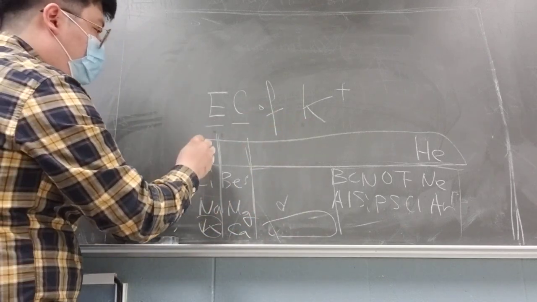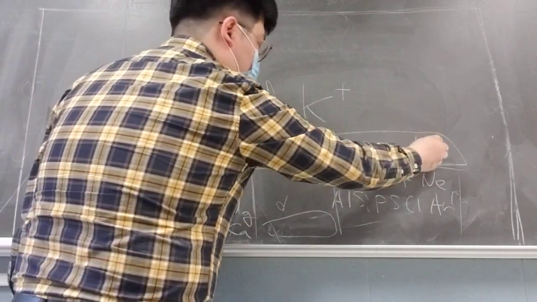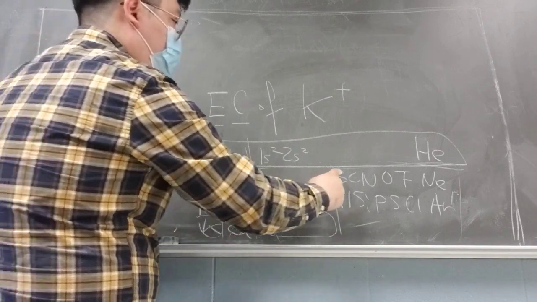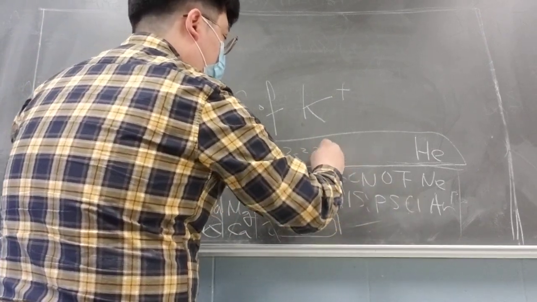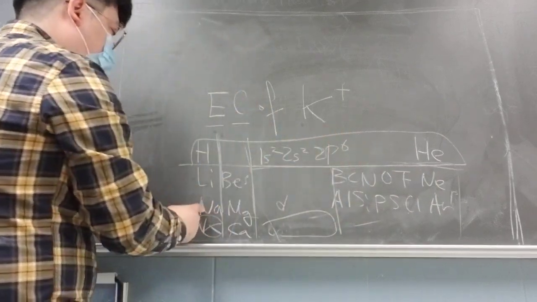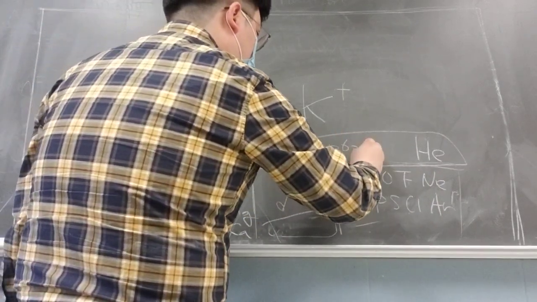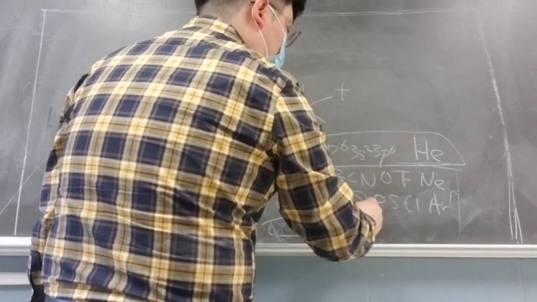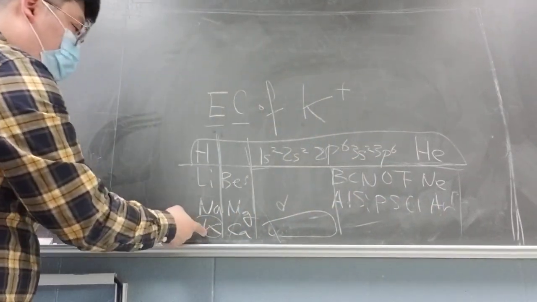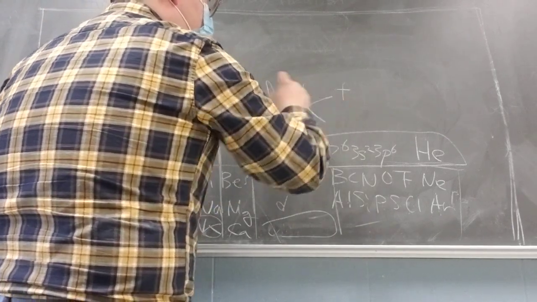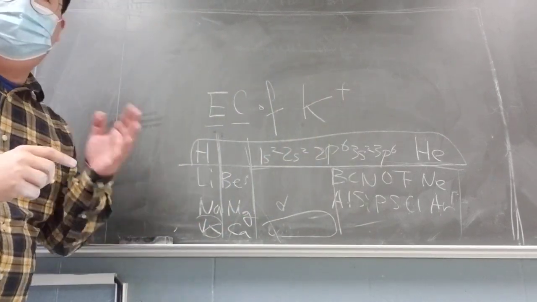So I'm going to do 1s2, 2s2, 2p6, because P block, 2p, 1, 2, 3, 4, 5, 6. And 3s2, 3p6, and now you get 4s1. But this has a plus 1, so that means it has lost 1 electron.